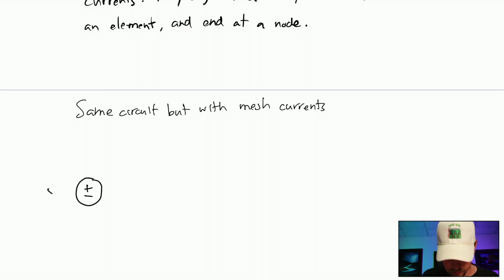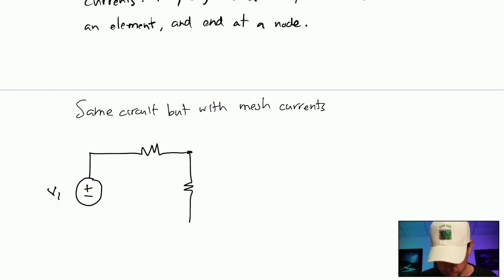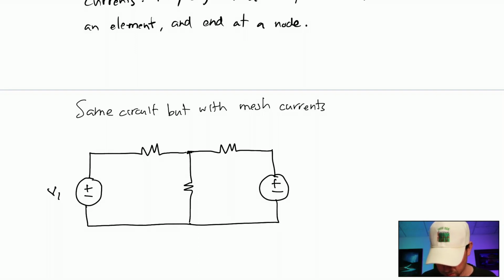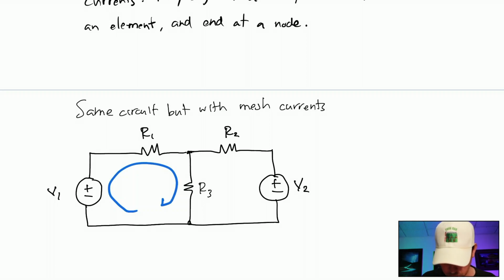We have our voltage source V1, resistor, resistor, resistor, voltage source V2, and then we finish. So this is R1, R2, R3. And it should be very, very clear that we actually have two meshes here. One mesh right there, one mesh right there.